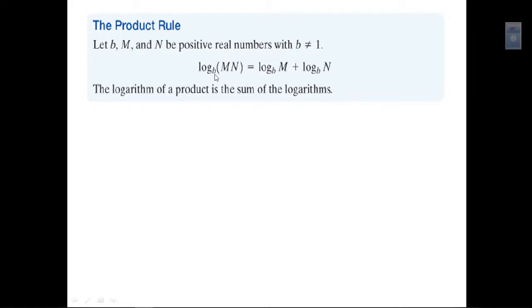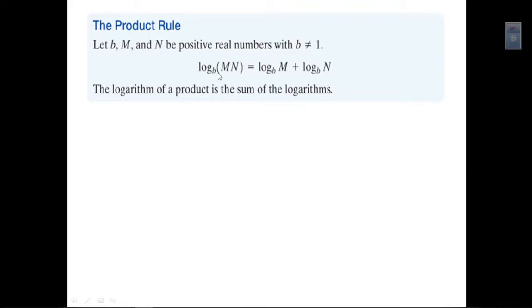Now you'll notice here b, b, and b, all the bases of these logs are the same. This is in the same way going to work with natural log and all those things as well. As long as the base stays consistent all the way across, we have this product that we can do.